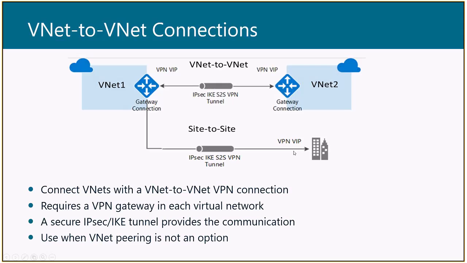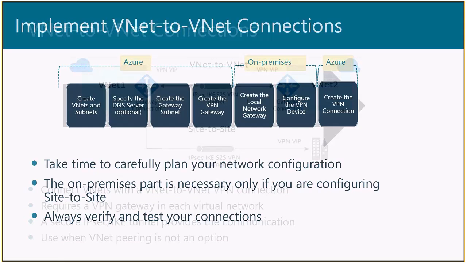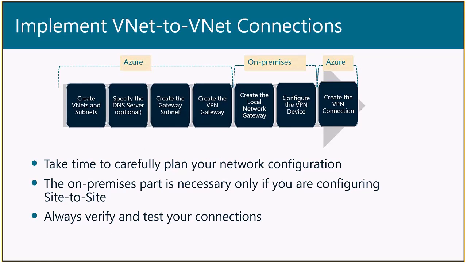When you're doing site to site, again you're using a VPN tunnel, but it goes through to the VPN VIP networking, so it doesn't have to have a gateway to the other gateway. You don't have a gateway connection. To implement a VNet to VNet connection, we create a VNet and subnet and specify the DNS server. That's what we did.